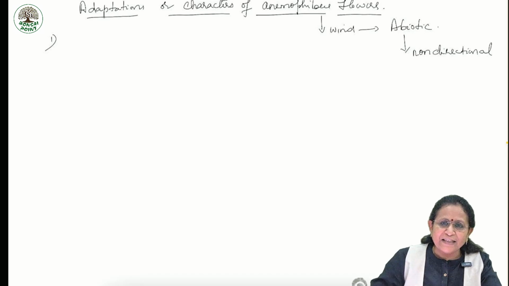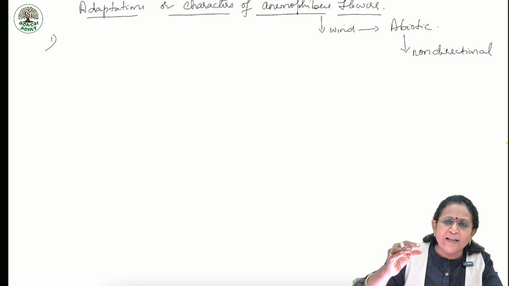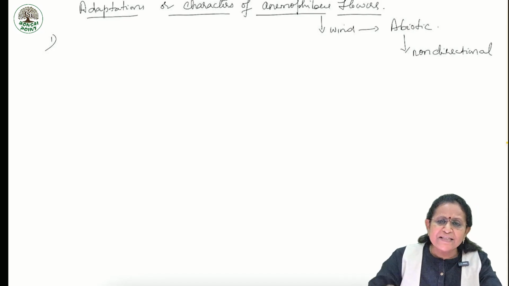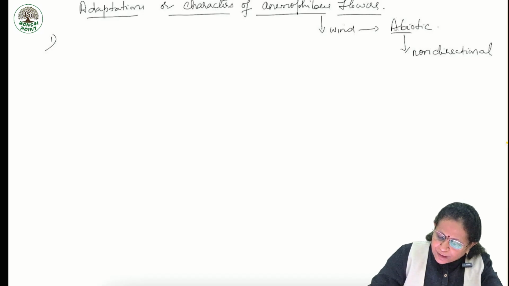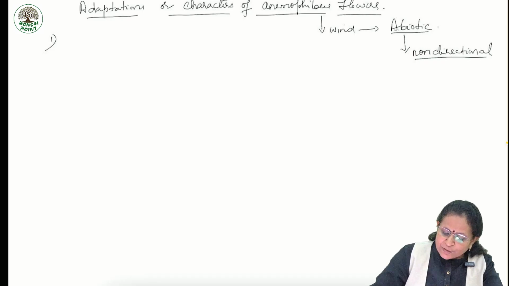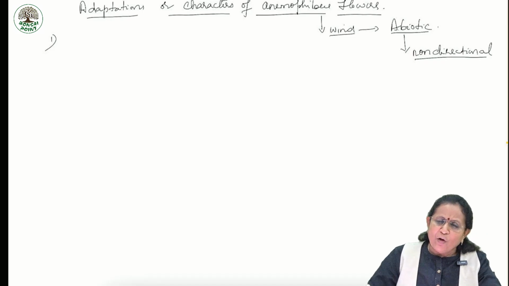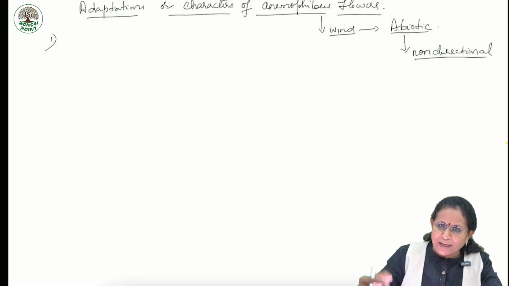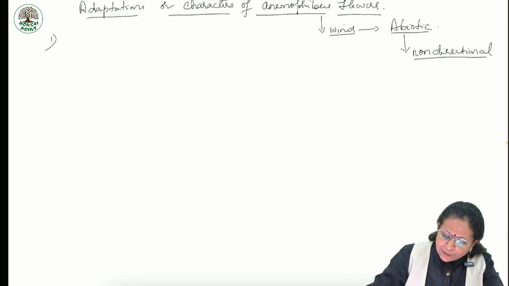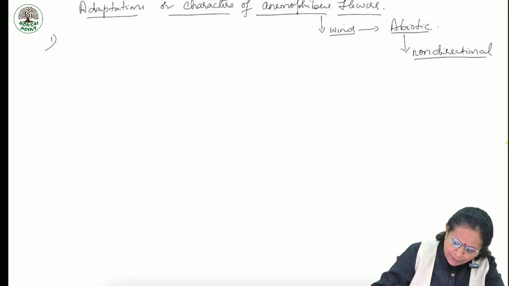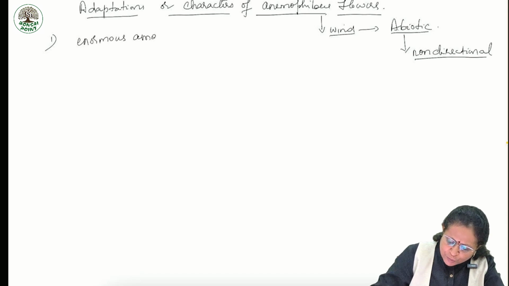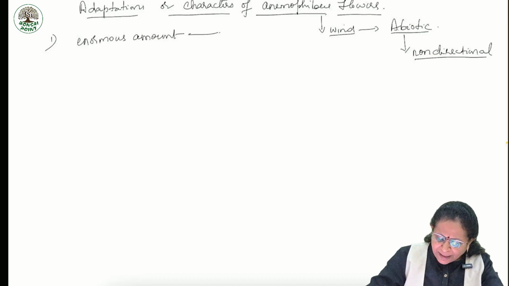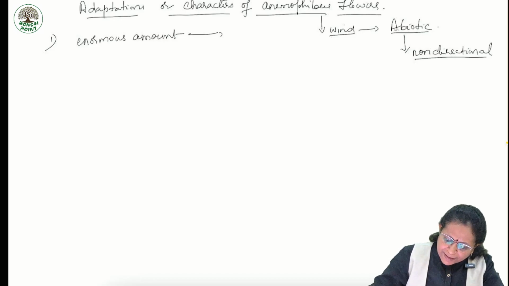For this reason, to compensate the loss, so that pollination should occur and not go as a waste, because it is abiotic and non-directional, in case of wind and water we see enormous amounts of pollen grains being produced. When I come to water again, I'll say that. But here remember, for anemophilous flowers, the first point itself says enormous amounts of pollen grains are produced to compensate the loss. The reason being they are abiotic and non-directional.